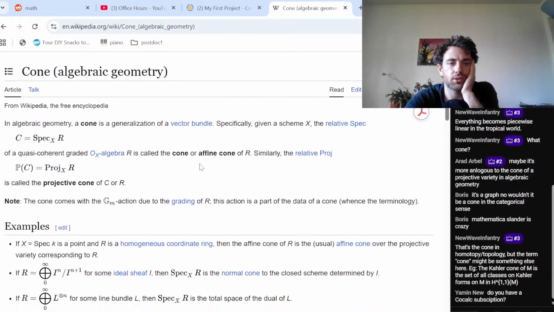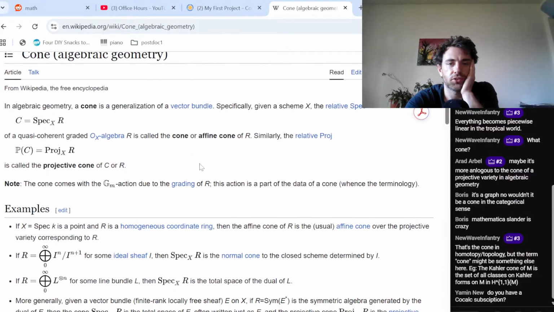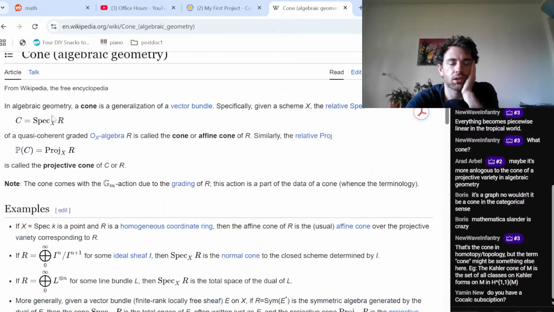A cone is a generalization of a vector bundle, specifically given a scheme X. Oh, relative Spec. Okay. A quasi-coherent graded O_X-algebra R gives the cone, or affine cone, of R. Similarly, relative Proj.